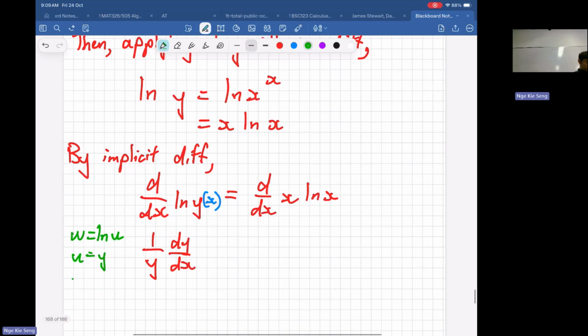So you can do the chain rule, dw/dx equals dw/du times du/dx. If you want to earn the marks, please write down what's the substitution you make.